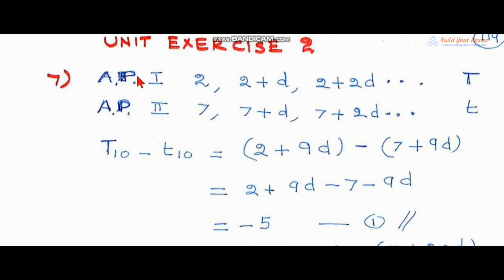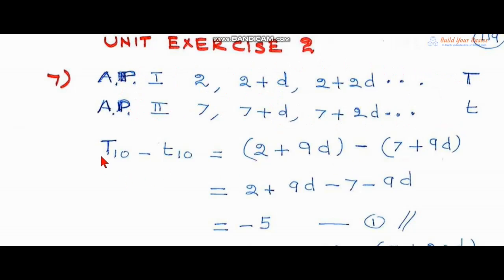For the first AP, the first term is 2. For the second AP, the first term is 7. But the common difference is the same D for both the APs. Let us take the first AP as capital T and the second AP as small t.